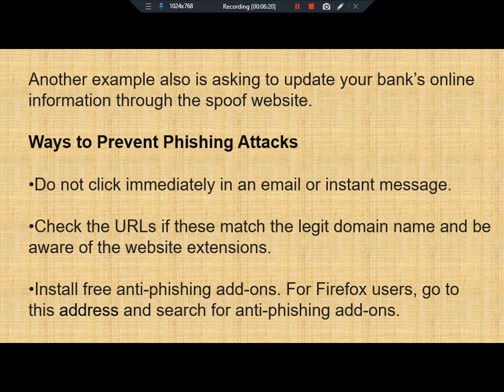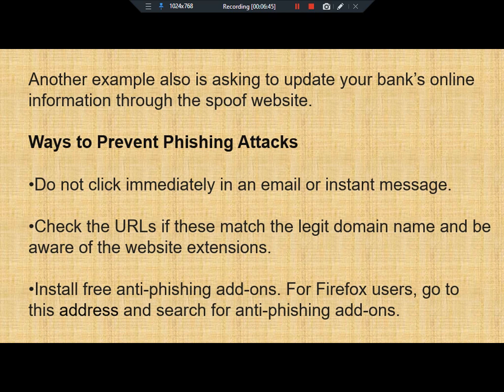So we have here the tips on ways to prevent phishing attacks. First, do not click immediately in an email or instant message. Number 2, check the URLs or uniform resource locators if they match a legit domain, and be aware of the website extensions. Third, install free anti-phishing add-ons in your browser.